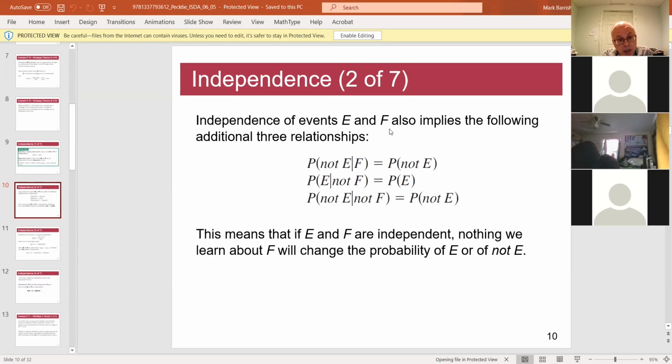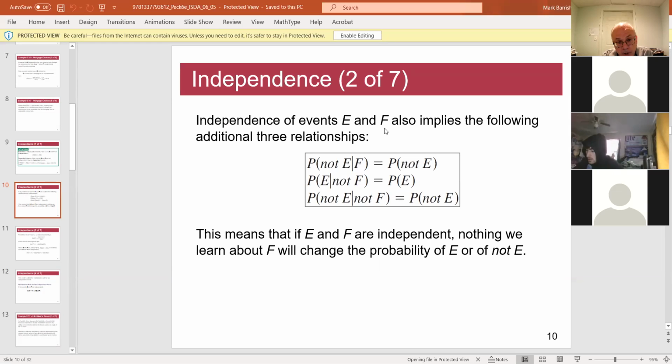Now, what's interesting about independence is that you can also look at it with these complements, these not E and not F. For example, what's the probability of not E given knowledge of F? If E and F are independent, then not E and F are also independent. That's the whole idea.